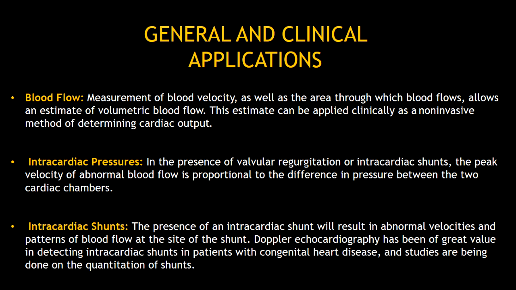The presence of an intracardiac shunt will result in abnormal velocities and patterns of blood flow at the site of the shunt. Doppler echocardiography has been of great value in detecting intracardiac shunts in patients with congenital heart disease, and studies are being done on the quantification of shunts.